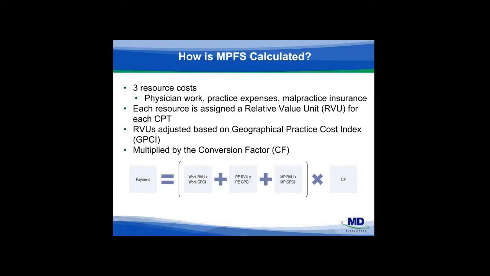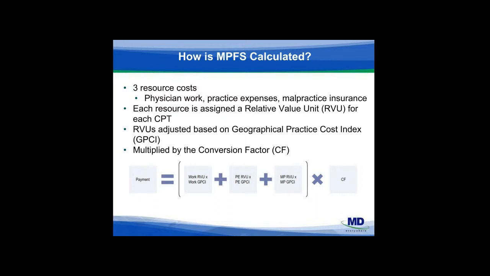The practice expense RVU reflects the cost of maintaining the practice, such as the cost of supplies, drugs, equipment, and staff costs. The malpractice RVU reflects the cost associated with the liability and malpractice insurance for the level of service required for that particular service being offered to the patient.